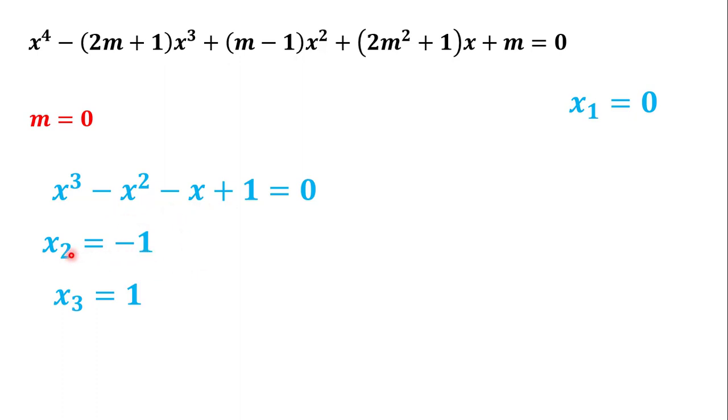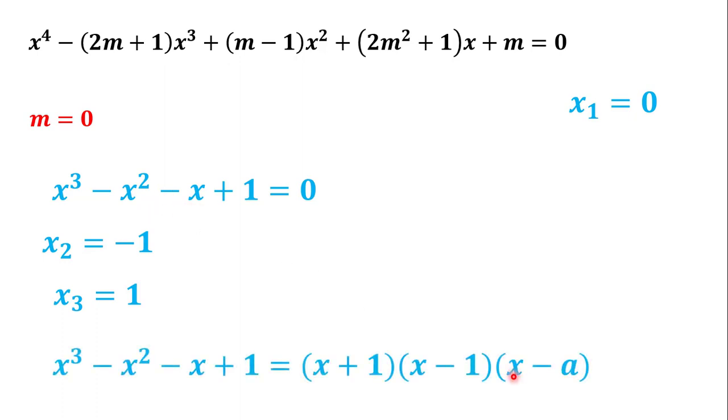So we can say x plus 1 and x minus 1 are factors of this polynomial. To find the third root of this equation, we need to divide this polynomial by x plus 1 times x minus 1.